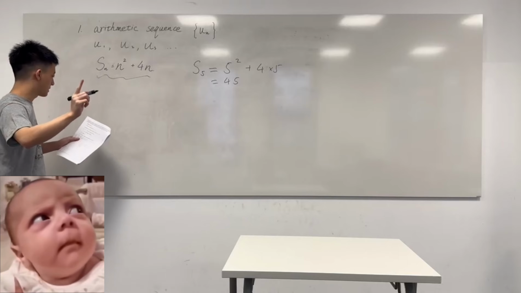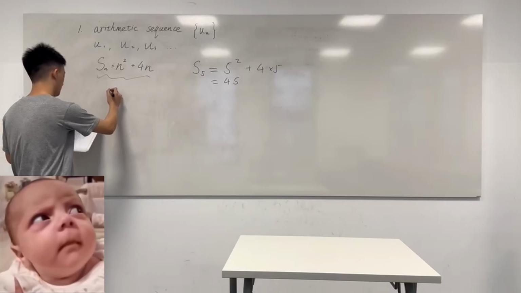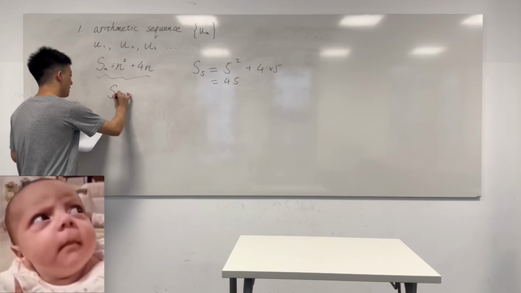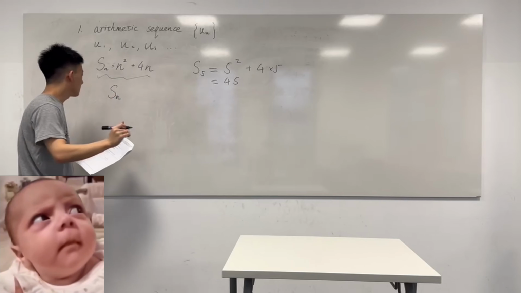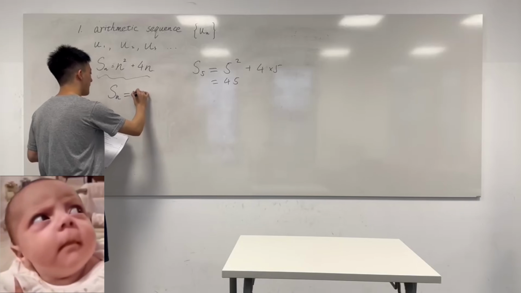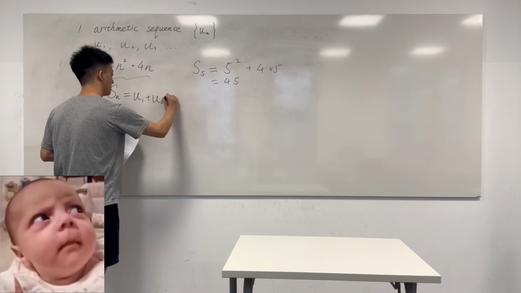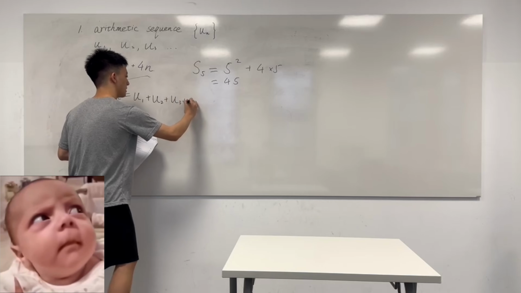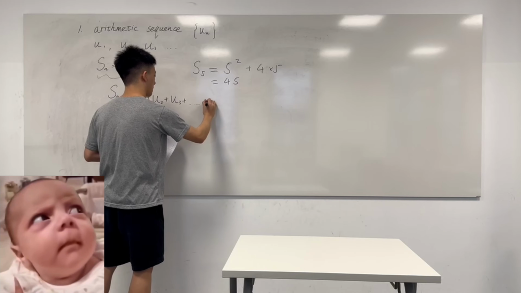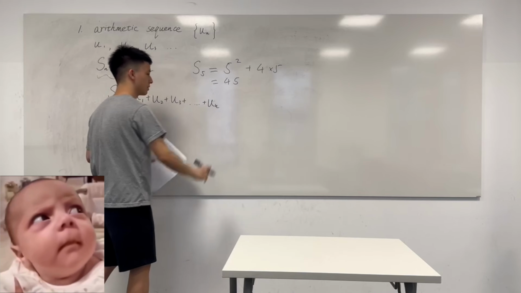Let's think about this. According to the definition, Sn means we add U1, U2, then U3, then add everything till Un, right?